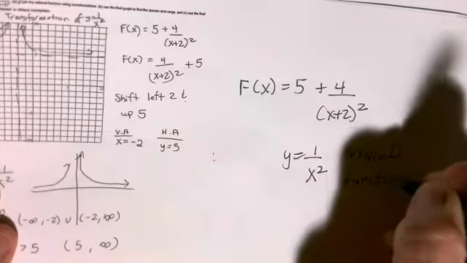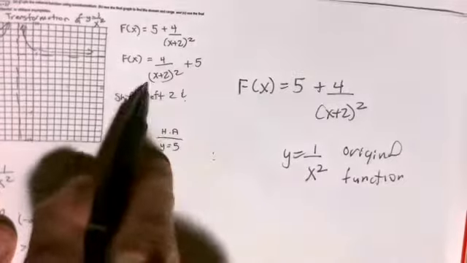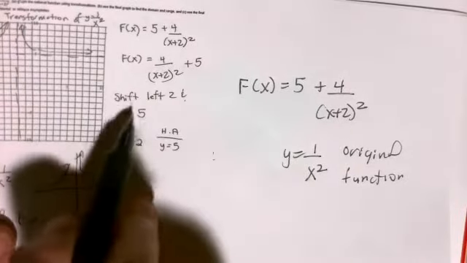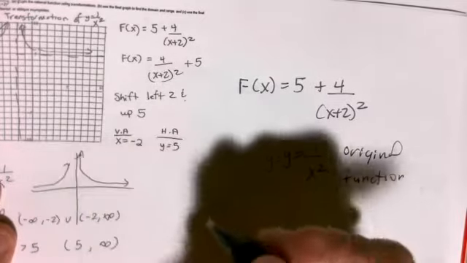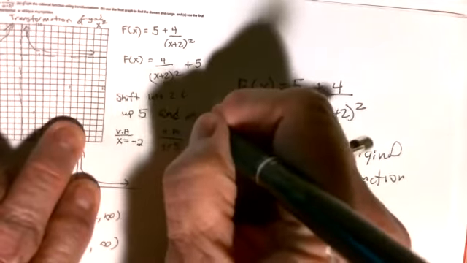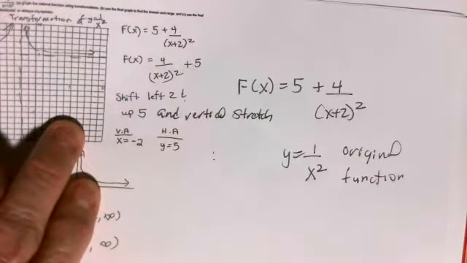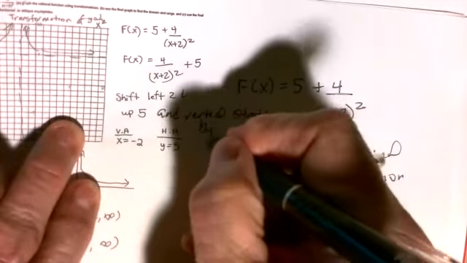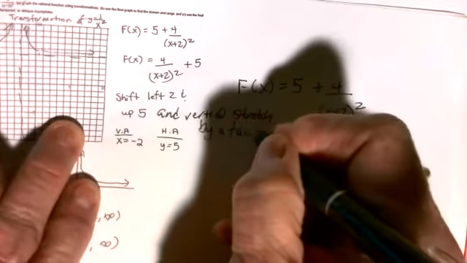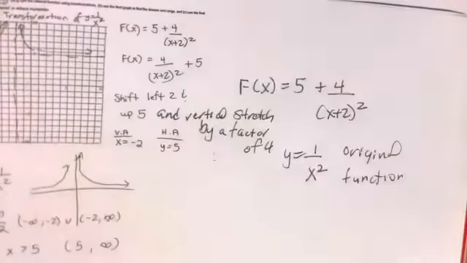And what's being done to it, it's going to be shifted left 2 units and up 5 units. And also it will have a vertical stretch by a factor of 4, because of this 4 right here.